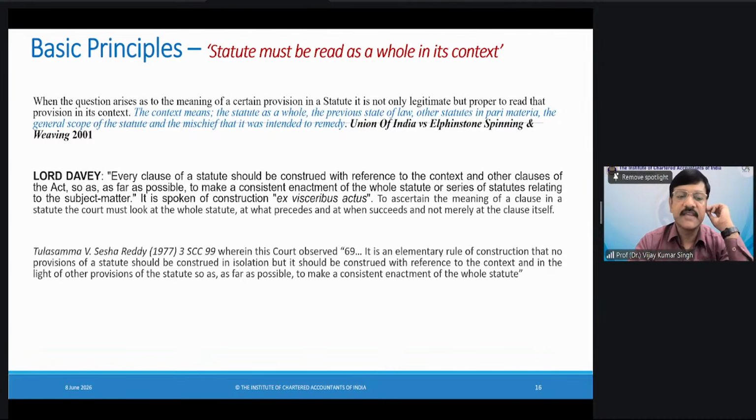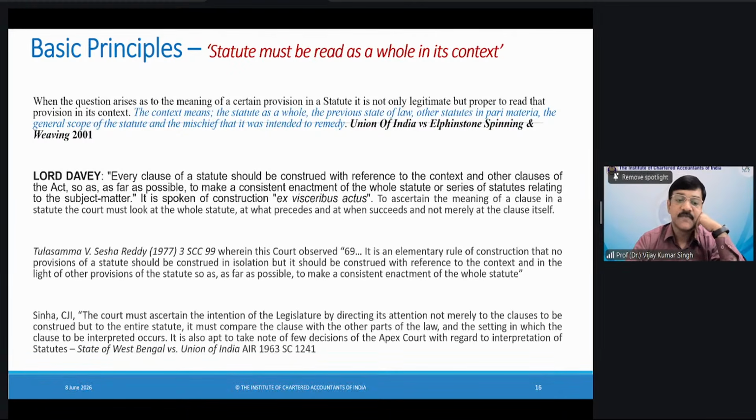In one of the cases before the Supreme Court, Tulsamma versus Shesha Reddy, 1977, the court observed it is an elementary rule of construction that no provision of a statute should be construed in isolation, but it should be construed with reference to context and in the light of other provisions of the statute, so as far as possible to make a consistent enactment of the whole statute.